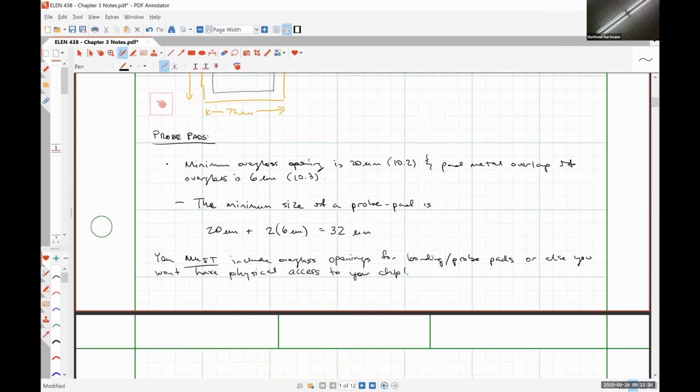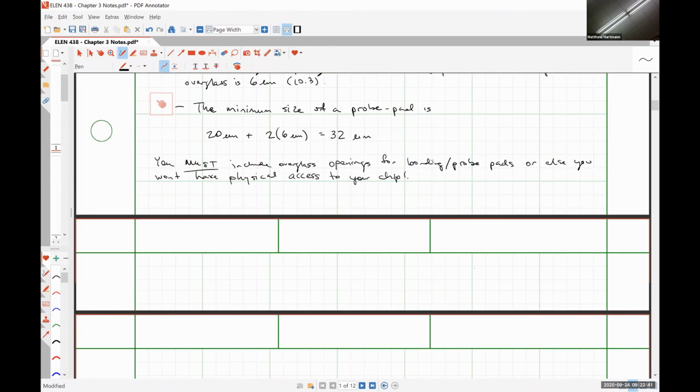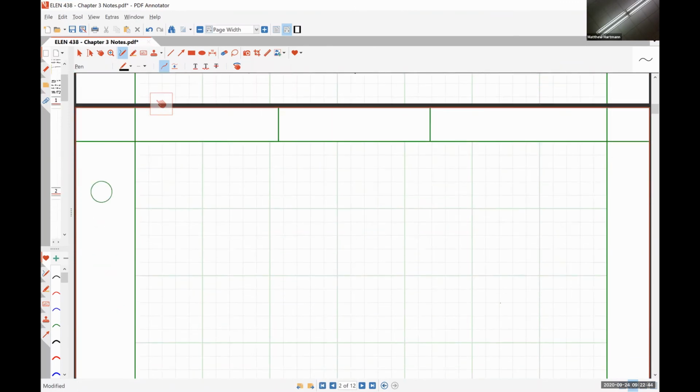So now let's talk about the capacitances in CMOS metal layers, okay?